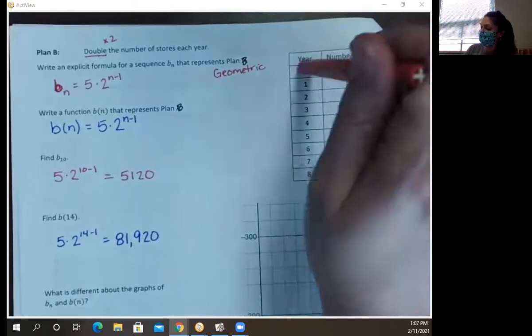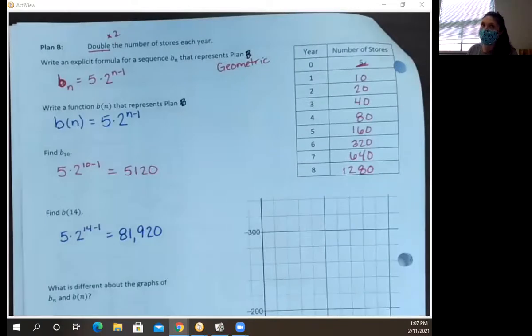Now go ahead and plot the table for me. Plot that sequence for me.